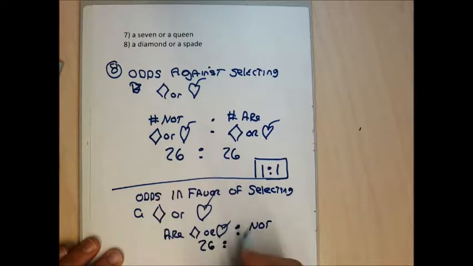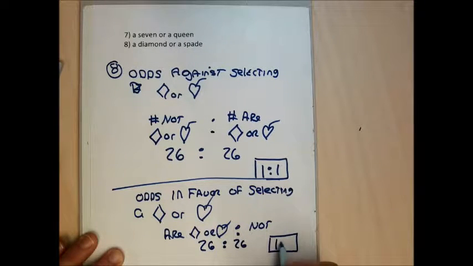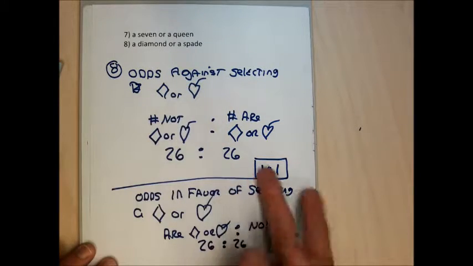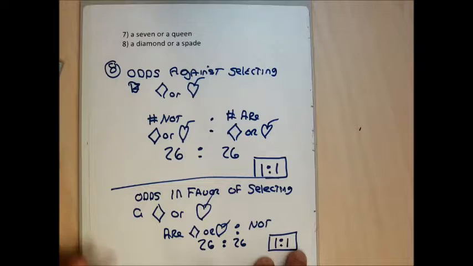The number that are not is going to be 26. And this is just going to be 1 colon 1, or 1 to 1. I probably should be lazy. If I know the odds against an event, I just flip the numbers to get the odds in favor. That will work every time.